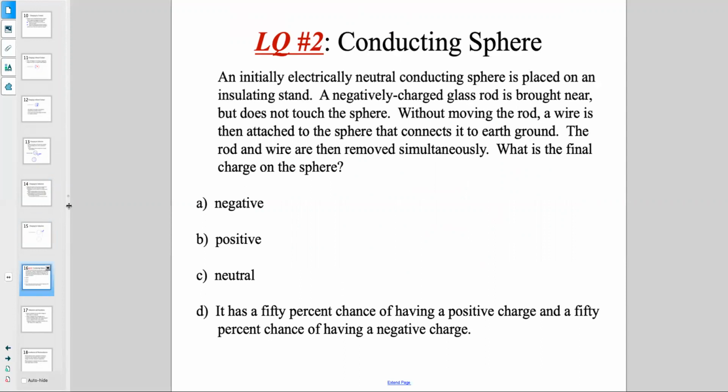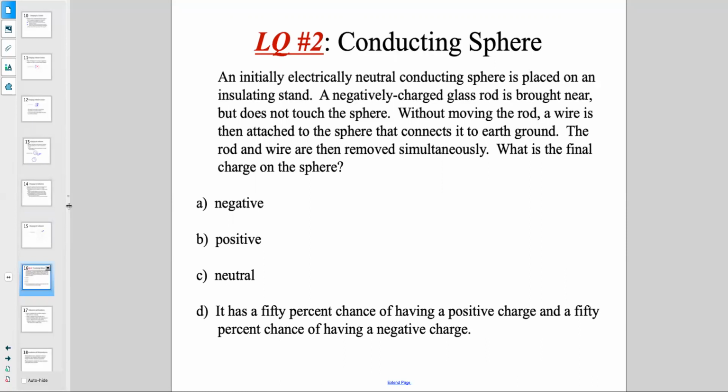Okay, so let's take a look at this question. An initially electrically neutral conducting sphere is placed on an isolated stand, in other words, not connected to the ground. A negatively charged glass rod is brought near but does not touch the sphere.